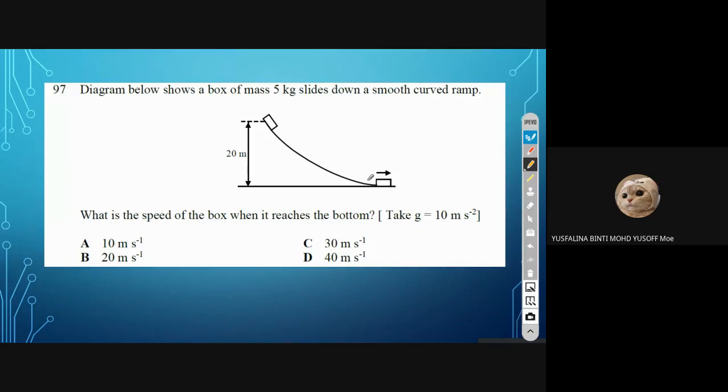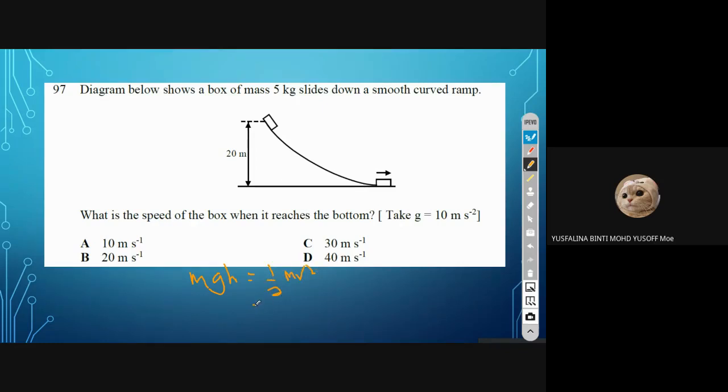When it comes down here, it changes to kinetic energy. So we assume the gravitational potential energy is equal to the kinetic energy: mgh equals half mv square.